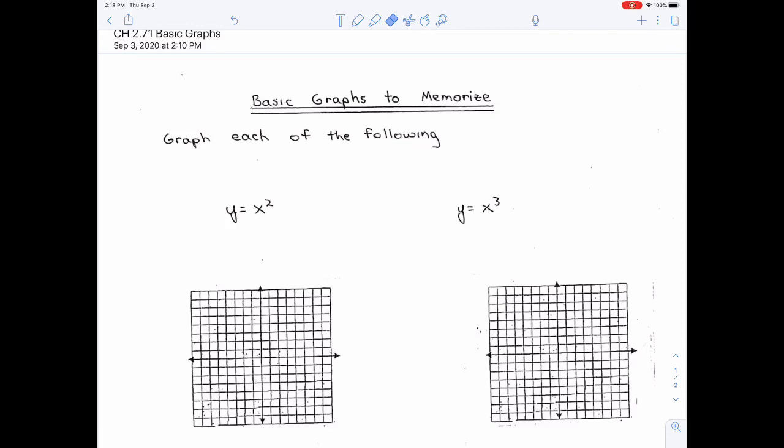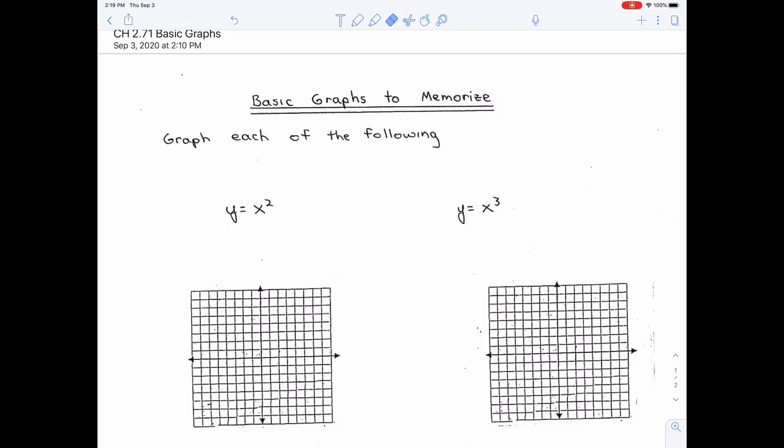Or I'm going to give you an equation and say, whatever this equation would look like, then stretch it, then compress it, then shift it, et cetera, et cetera. So basically, you have to either be given a graph or you have to have a basic graph shape memorized.